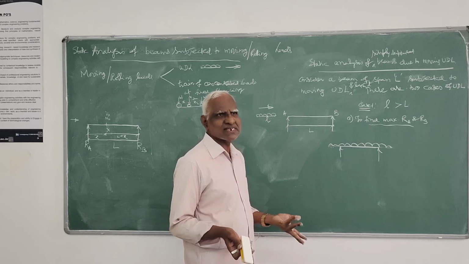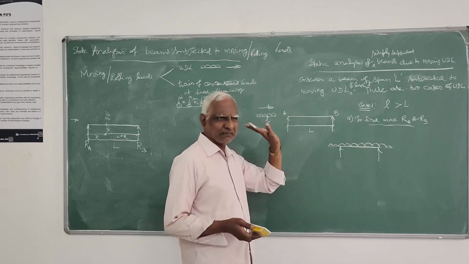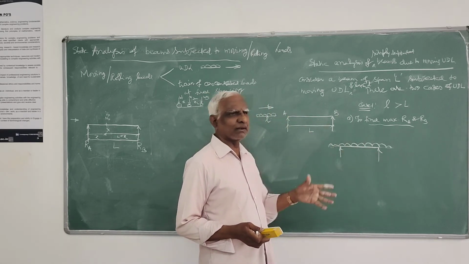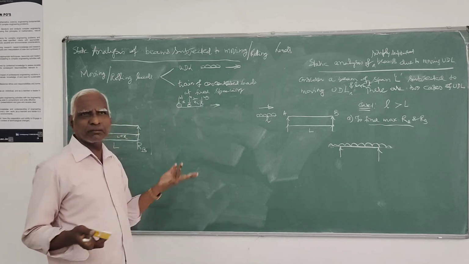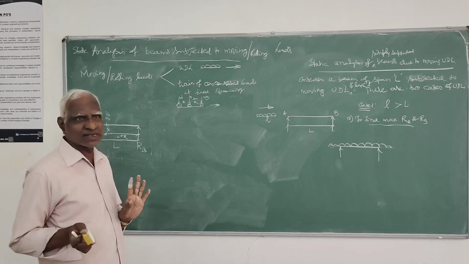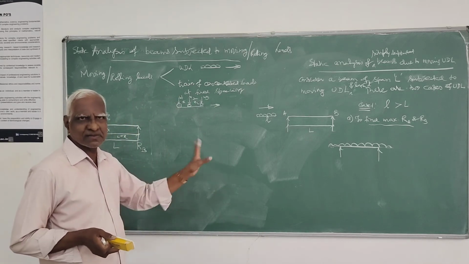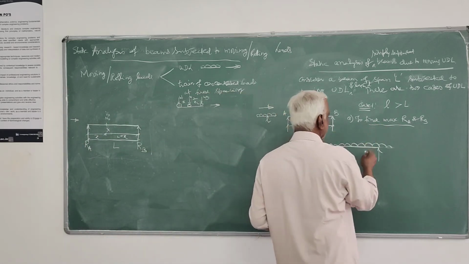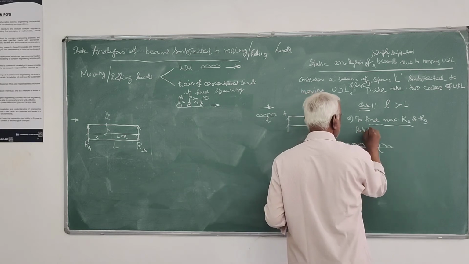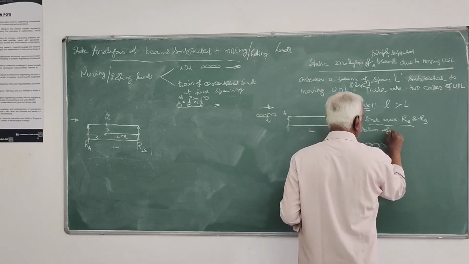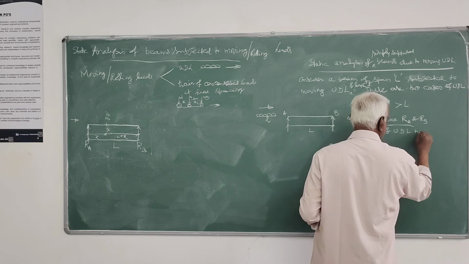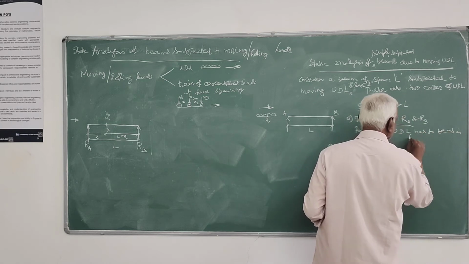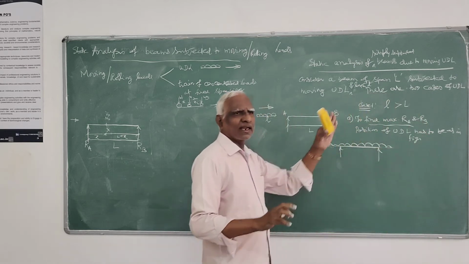These are all obvious things. So you position it, then for this position, calculate RA and RB. That will give you the maximum value. It is as simple as that. So to find maximum RA and RB, first the position of the UDL has to be as in the figure.